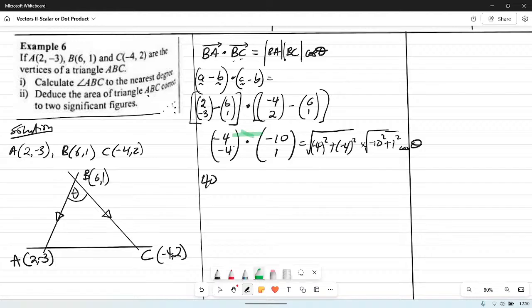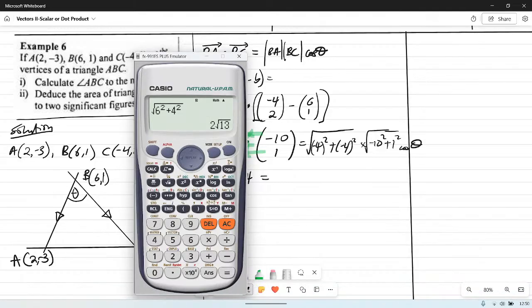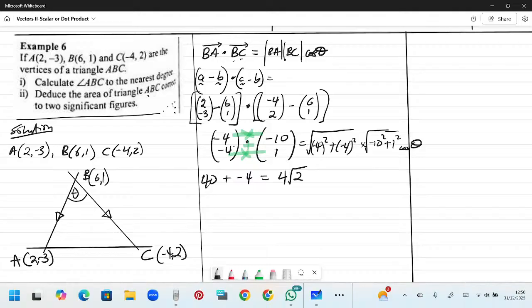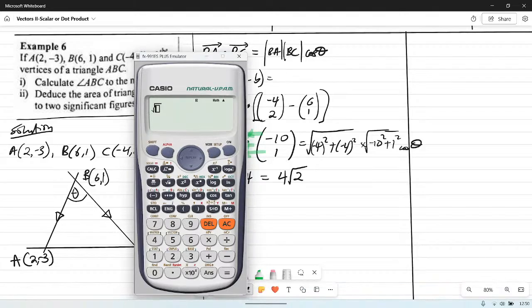This and this will multiply, this and this will multiply, after that you add all of them. So let's go to our calculator and pick root of 4 squared plus 4 squared, 4 root 2, and the root of (-10) squared plus 1 squared.